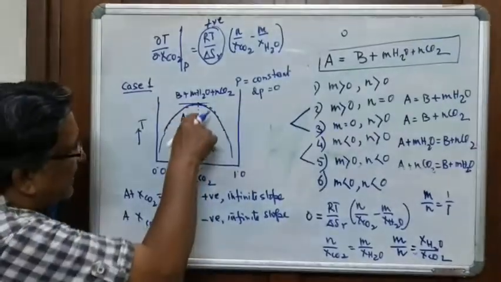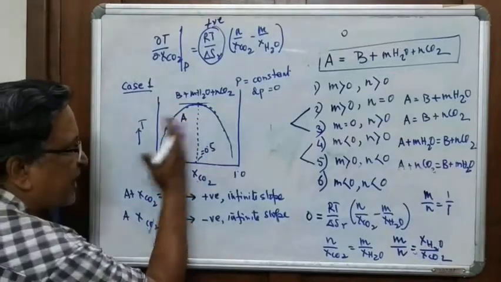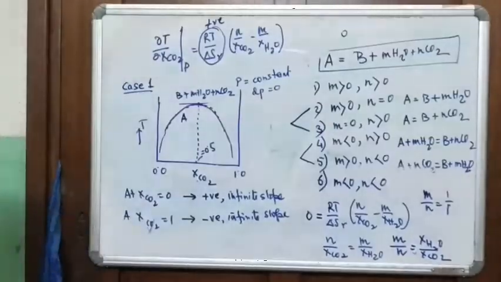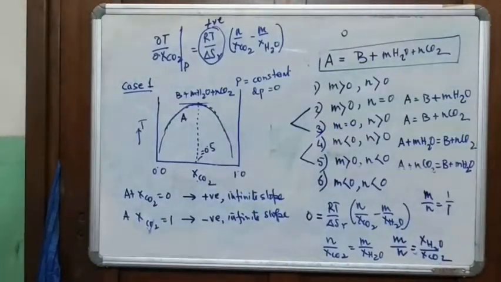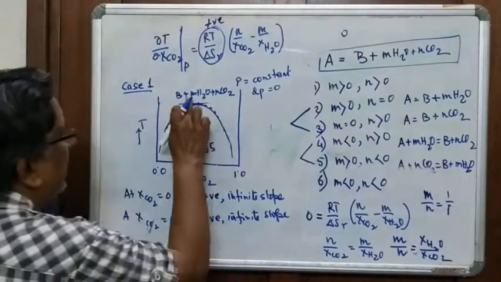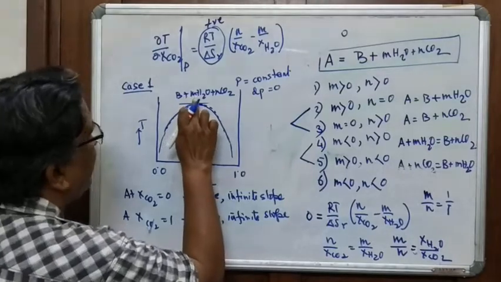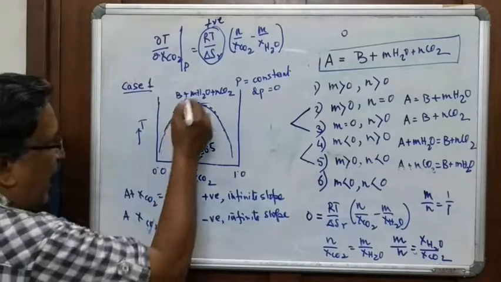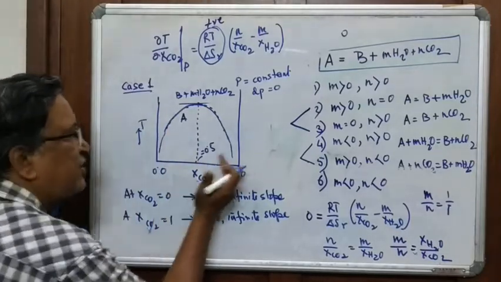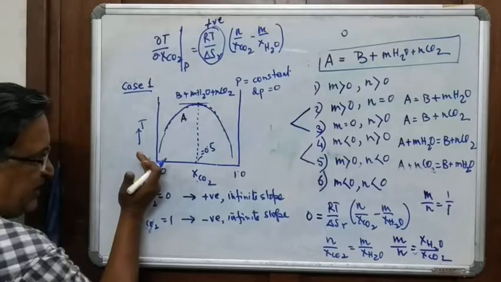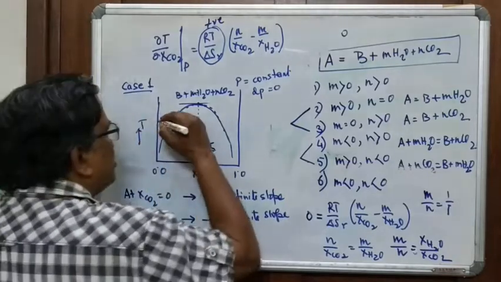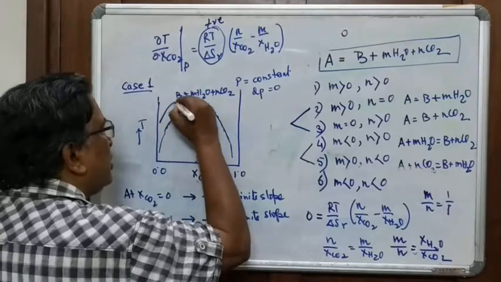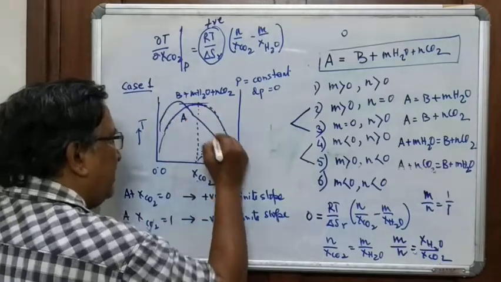So you will have a graph which is symmetric around XCO2 of 0.5. But say for example, if you have a different value, you see here XCO2 is higher here, XCO2 is lower here. So depending on the M by N ratio, your graph will be like this.